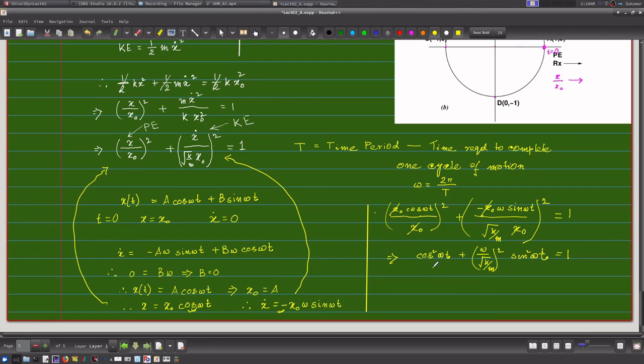Now I know that cos square omega t plus sine square omega t is 1, therefore this quantity must be 1, and therefore I get omega square is k by m, or omega is root over k by m.